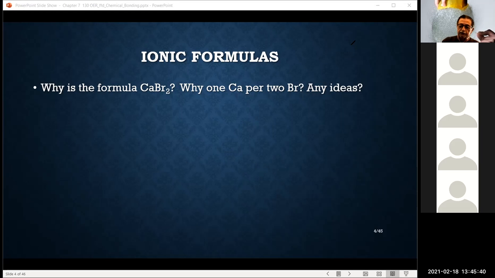Well, here's the thing. Remember this. When we put ionic bonds together, we start first with the ions. We know that calcium is in group 2, meaning there are 2 valence electrons.